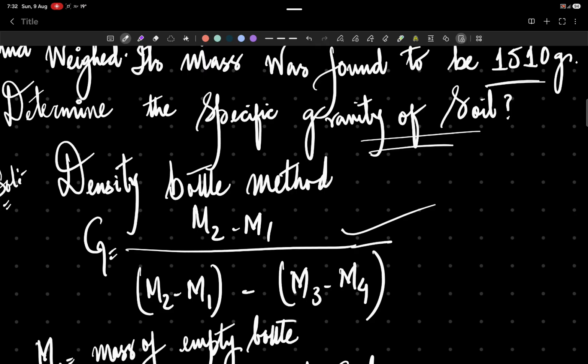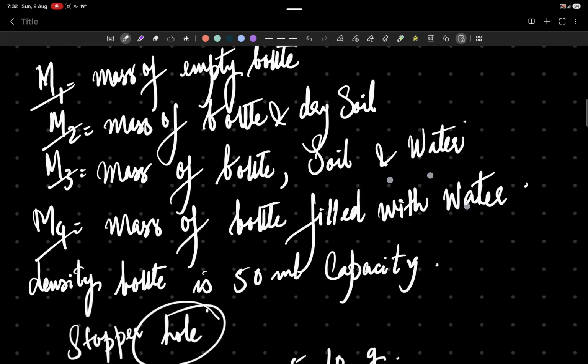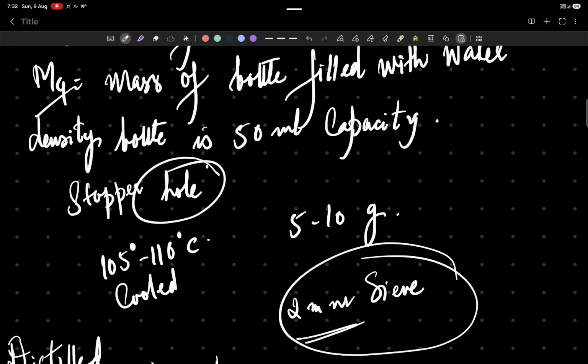All right, so let's solve this question. This was a quick recap of the density bottle method, how we make use of this density bottle, which is a bottle of about 50 ml capacity having a stopper with a hole at the top.